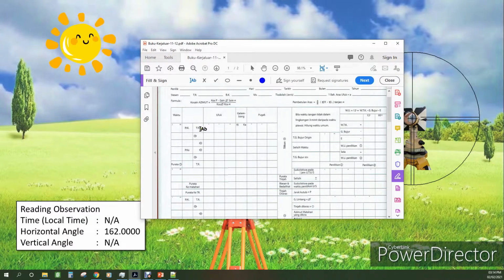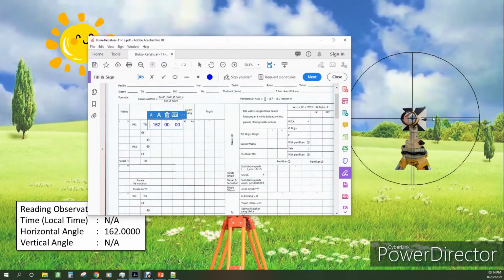This TR is for tanda dudukan, so we key in the degree, minute, second here: 162.00.00. For this one we do not need to note the time, because this is not a solar observation; we only take the back side of our bearing.